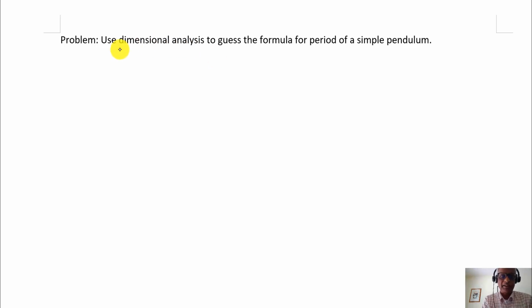We're going to address this question today. We are going to use dimensional analysis to guess the formula. You probably know this formula already, right?